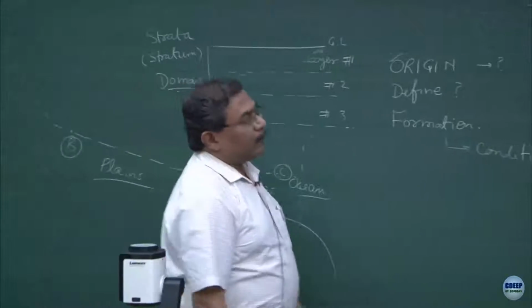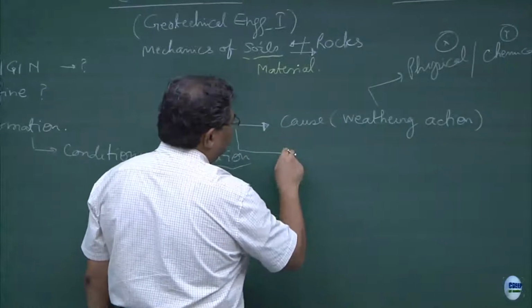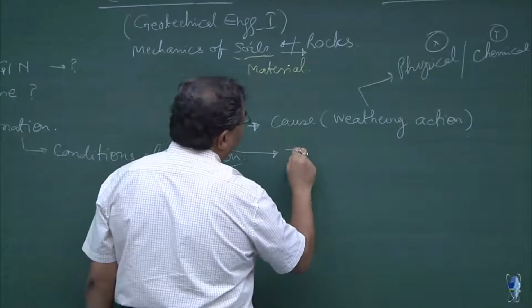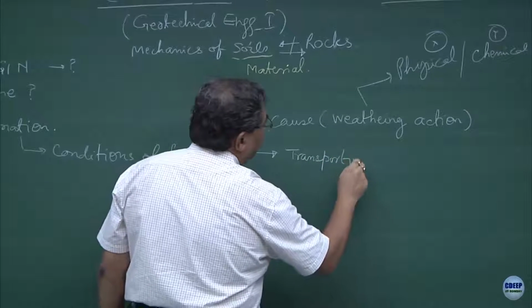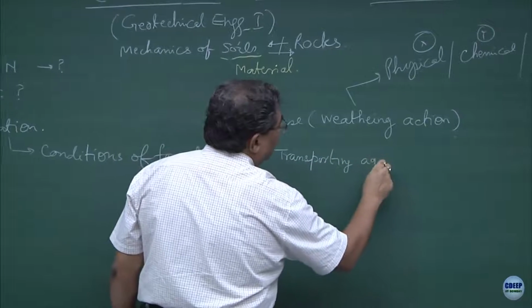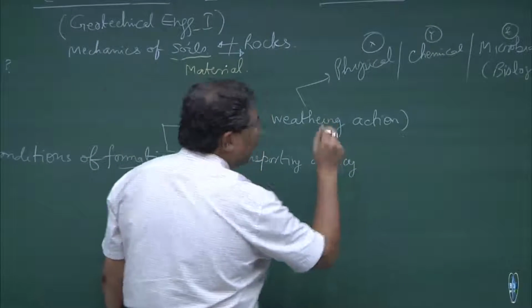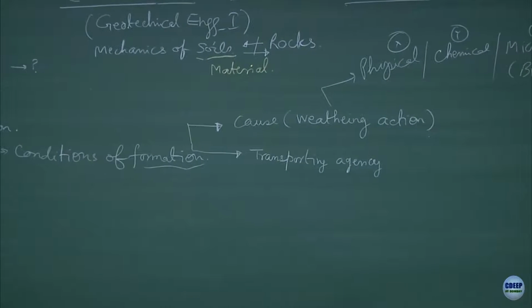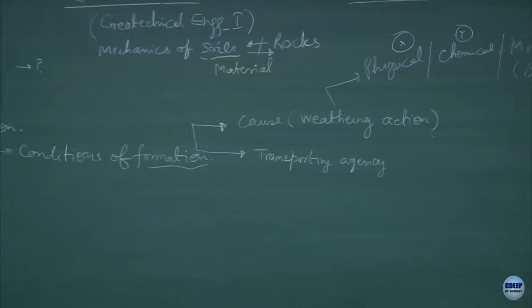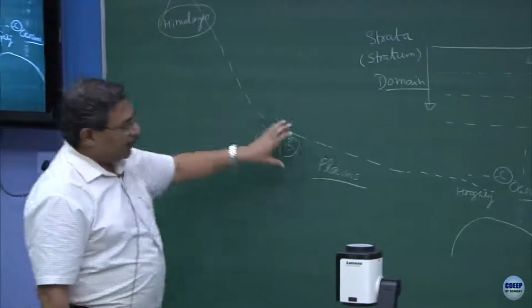The second term which we are going to introduce would be what causes soils and how they get transported. So, in your opinion, what are the transporting agencies which you might be aware of, which would move the fragmented portions of the rocks from A to B and B to C?